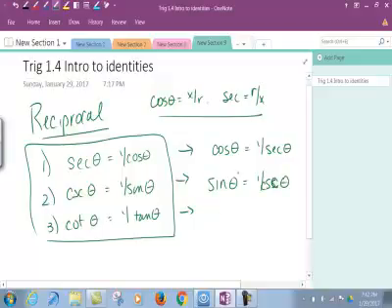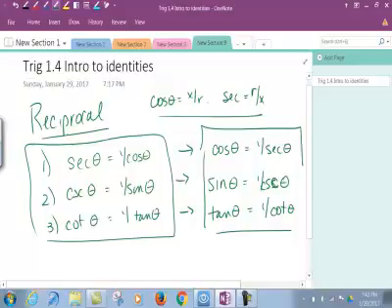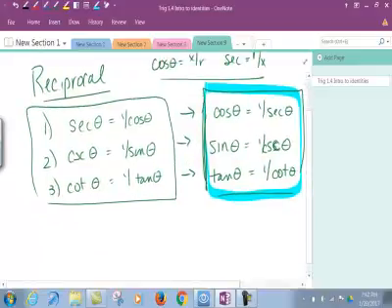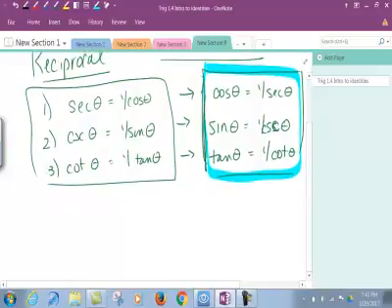So as far as memorizing, I would say definitely memorize the ones in the box, because the ones in the blue box we can get easily enough by simply taking the reciprocals of the reciprocal identities. Okay, good. So those are the first 3.